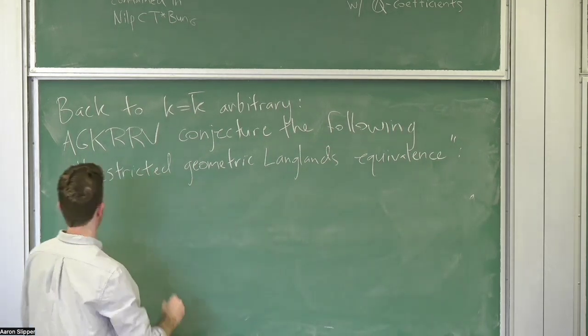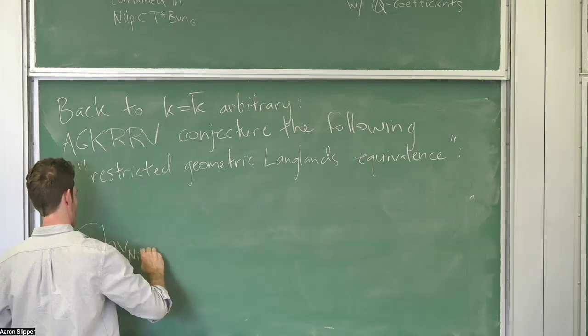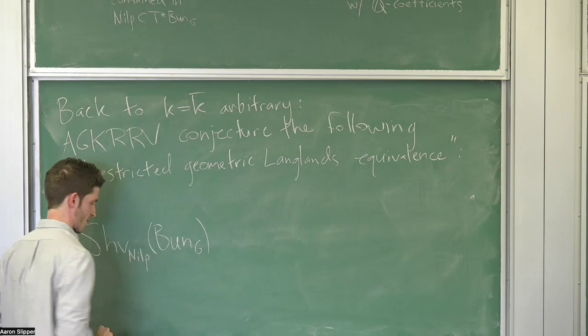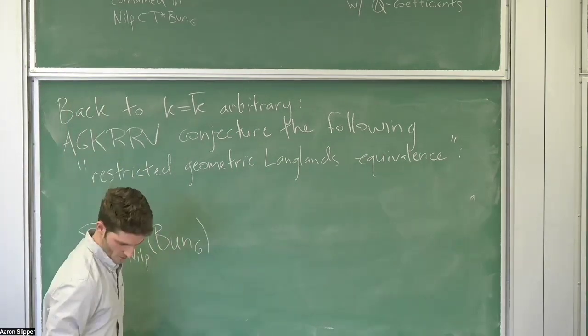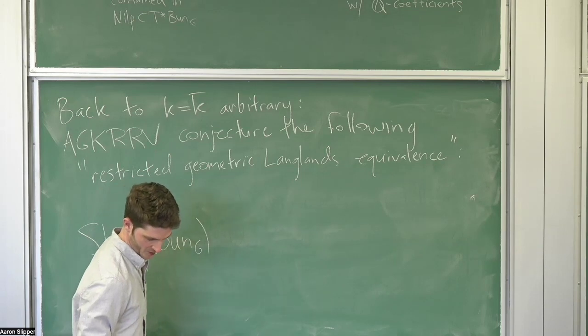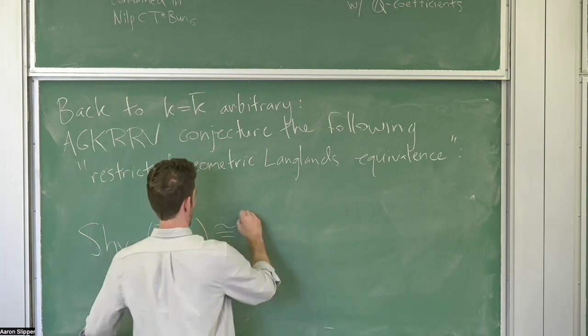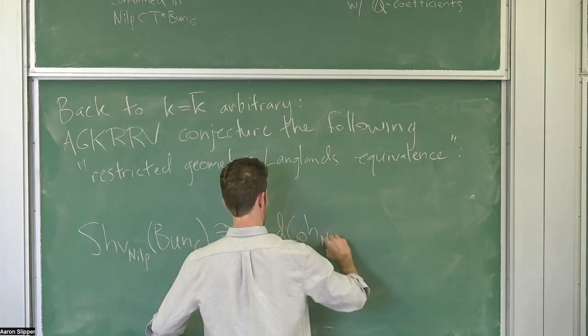Okay, and it looks as follows. So the automorphic side is, in fact, almost the same symbols I wrote as in the Betti situation. In particular, we have this nilpotent singular support appearing on the automorphic side, and the spectral side is going to look familiar as well.